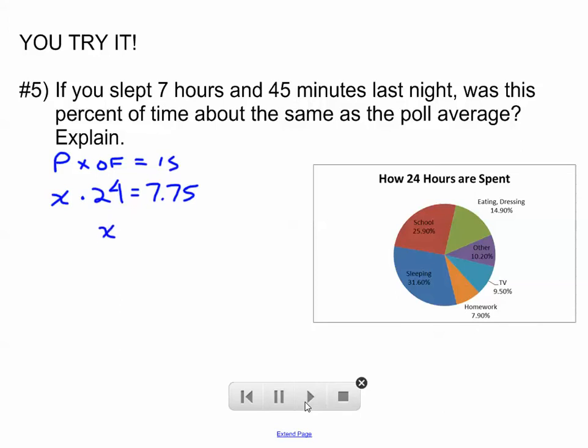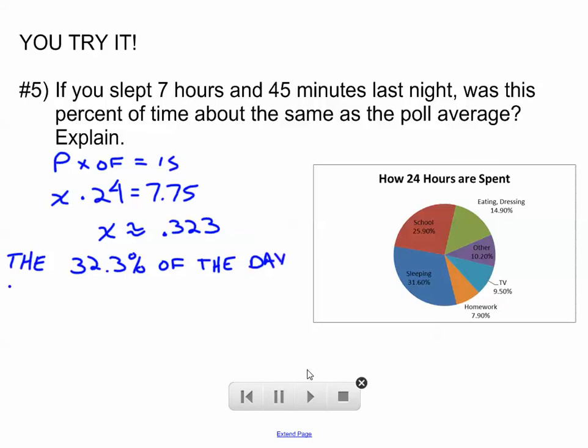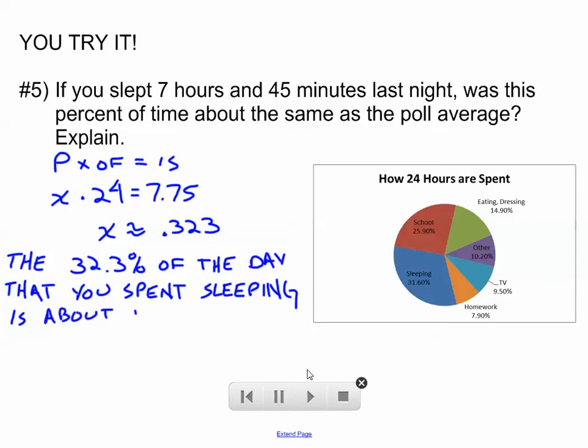So you divide both sides by 24, and you get about 32.3%. Well, the poll says that an average student spends 31.6% of their time sleeping, and 32.3% is pretty darn close to that. So I'm going to say that 32.3% of the day that you spent sleeping is about the same as the poll's average of 31.6%.